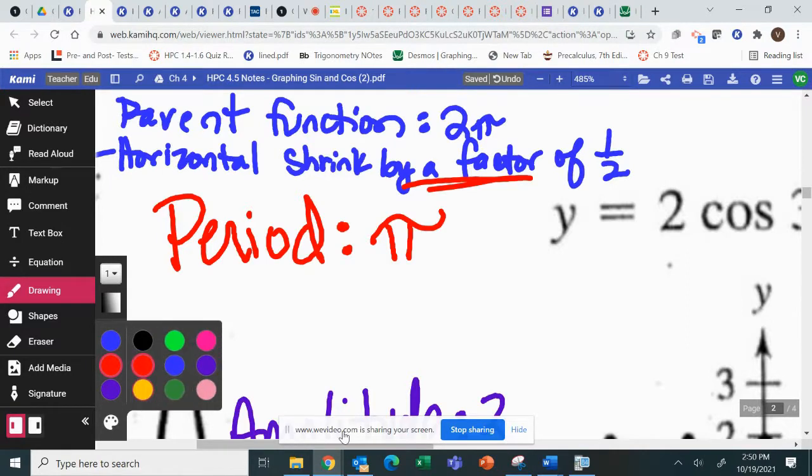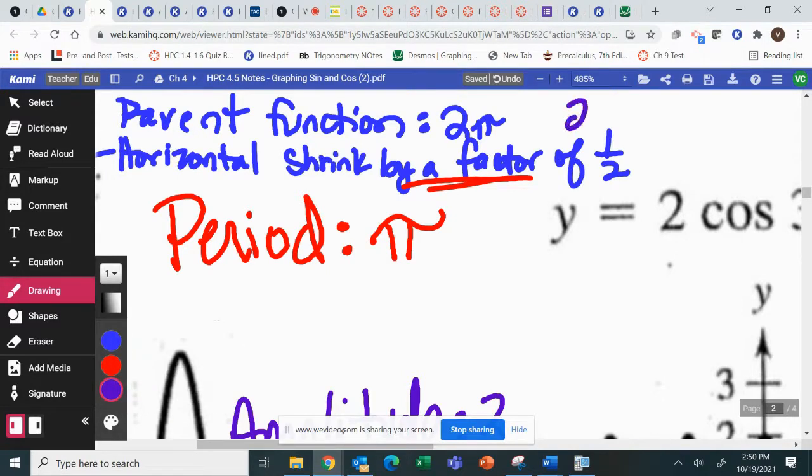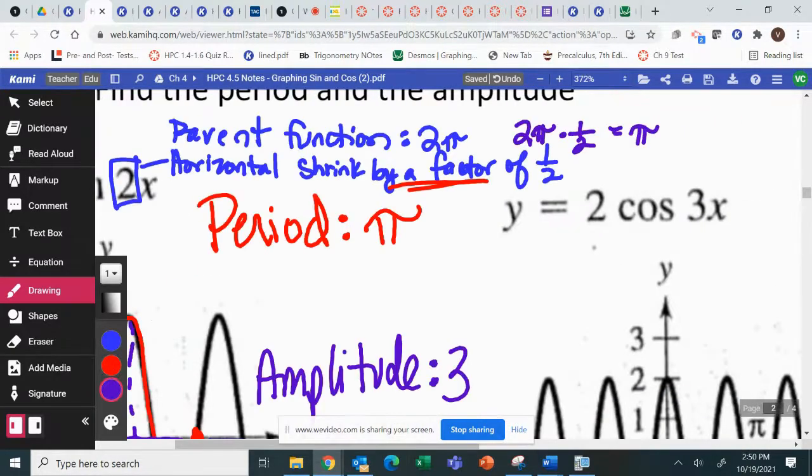So that's telling me to take the original parent function period and multiply it by the horizontal shrink. And when I multiply 2 pi times 1/2, what do I get? Pi. And that was my period that I also got by looking at the picture. So you could get it either way. You just have to apply the horizontal stretch or shrink to the parent function period to get it.